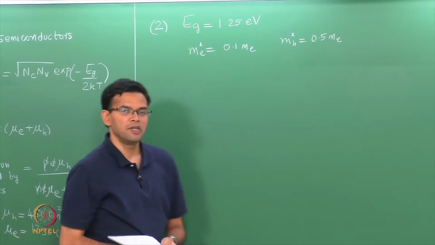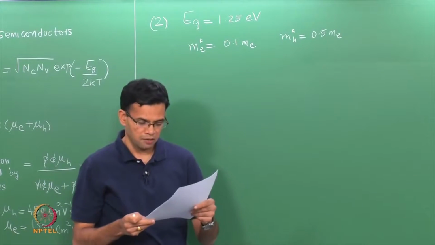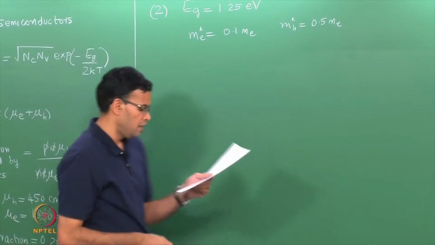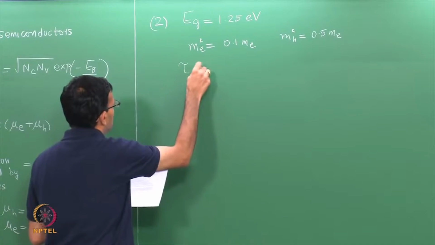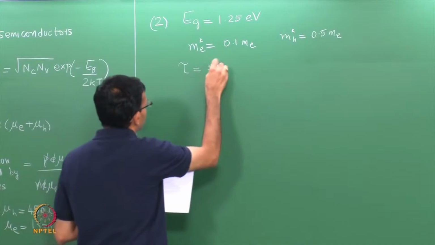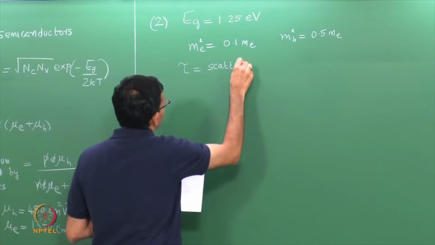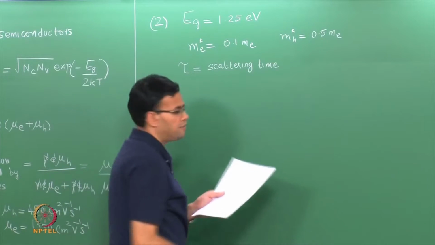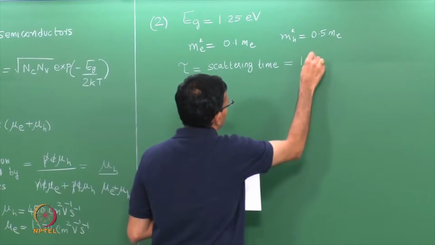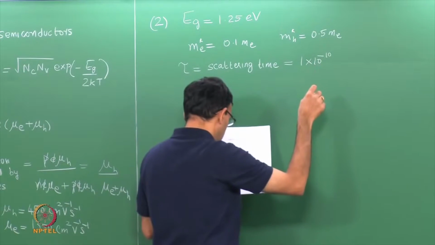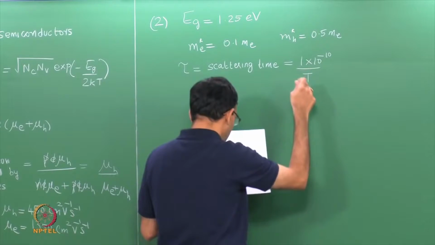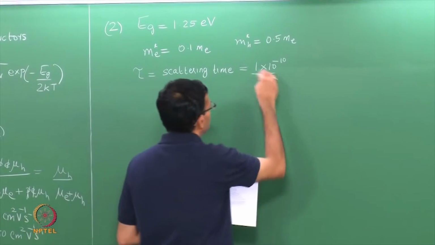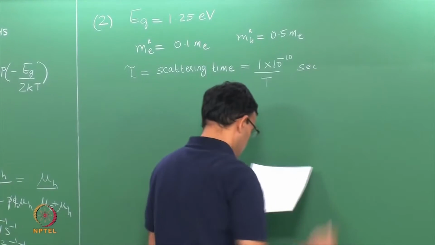So, the band gap is given, the effective mass values are given, and the carrier scattering time is temperature dependent and that is given in the form tau, which is your scattering time, is a function of temperature: tau equals 1 times 10 to the minus 10 divided by temperature, and the units are seconds.